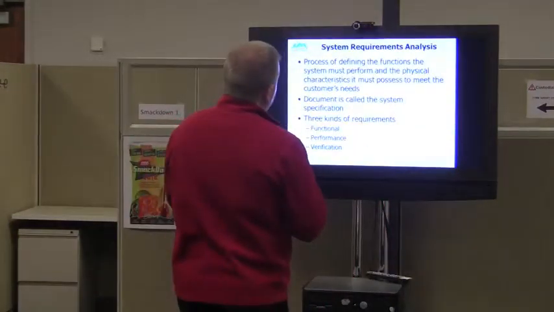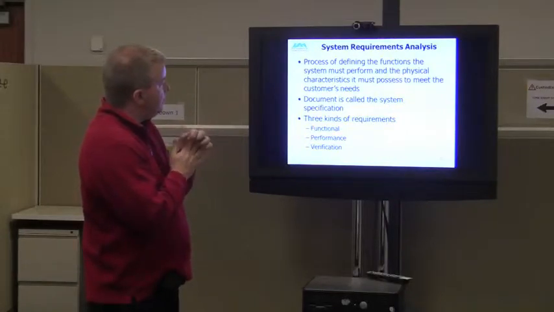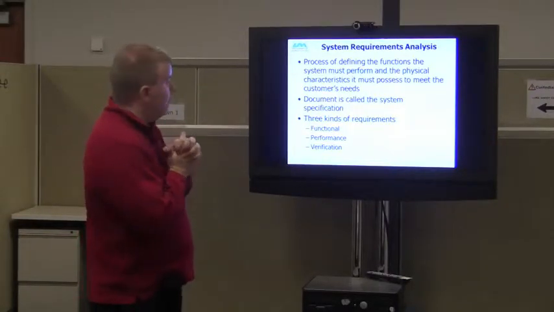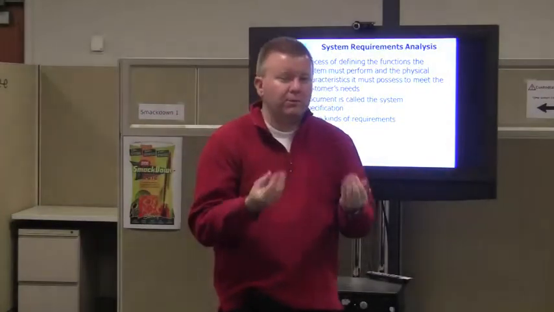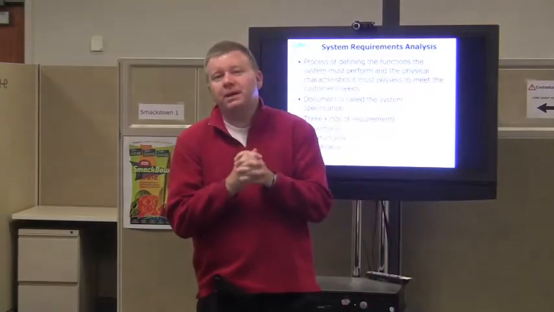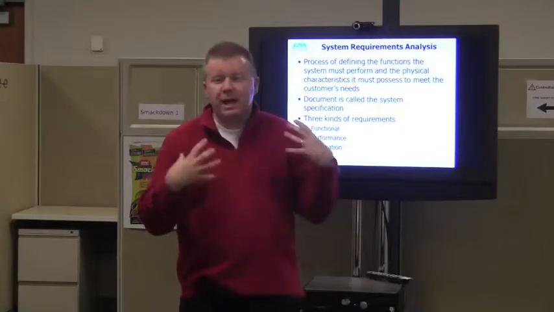In requirements analysis, basically that's the process of defining the functions that the system must perform and the physical characteristics it must possess to meet the customer's needs, right? You begin with the system and you start figuring out what functions it must do, what actions it must do in order to make it work. You also need to know what the physical characteristics are to make it happen.